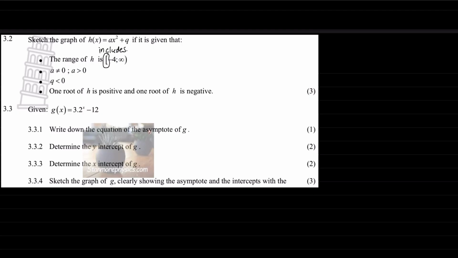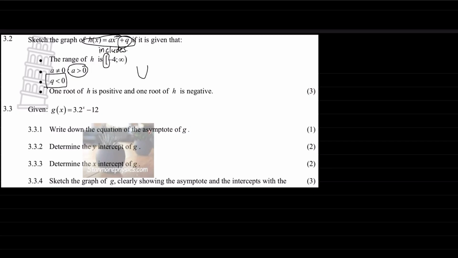So it is from -4 all the way up to infinity, and it includes -4. Then it tells us that the a value is positive, and in a parabola, if the a value is positive, it means that it is a smiling face parabola. The q value is negative. That means that the y-intercept is negative.